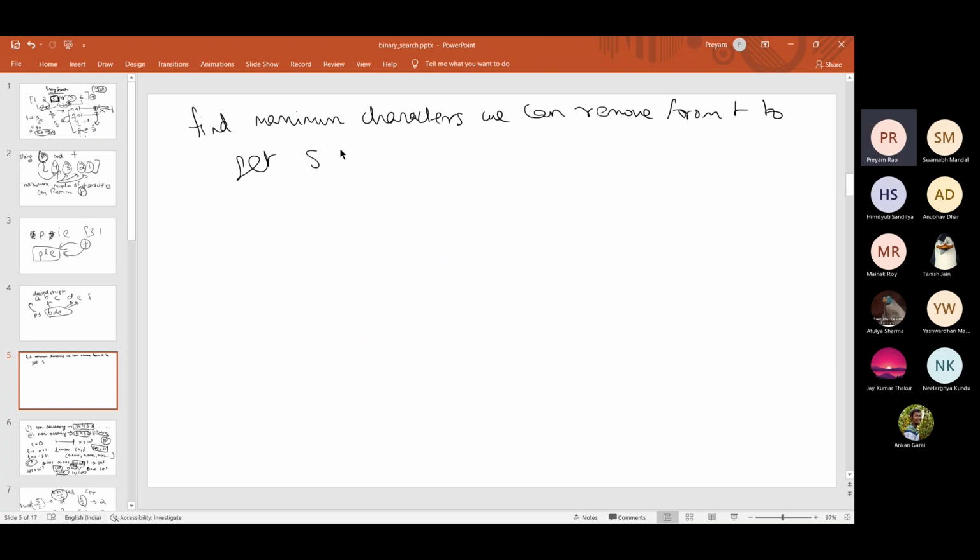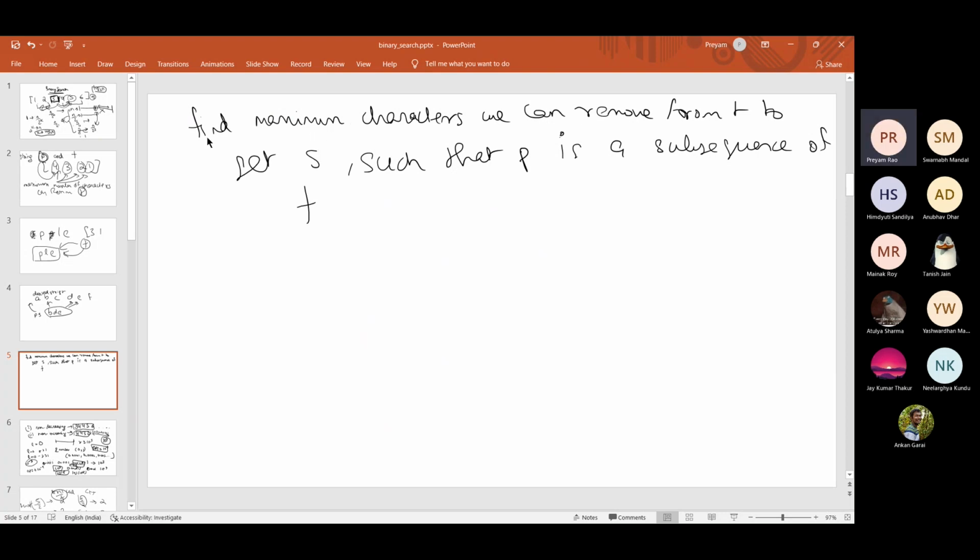So S is the new string, which has all the characters of T after deleting some characters, such that P is a subsequence of S, right?